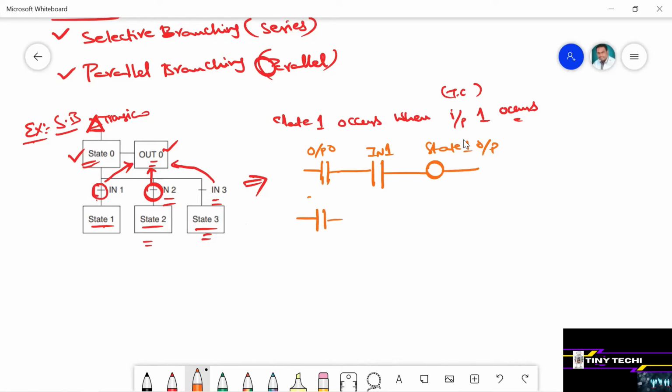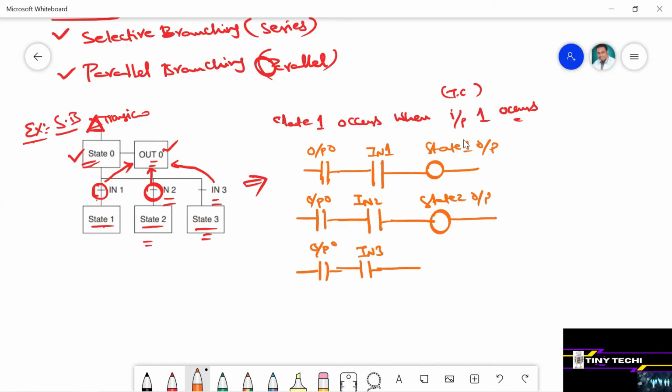When output 0 occurs and input 2, then the state 2 output will be on. Next, when output 0 and the transition condition input 3 occur, the state 3 output will be on. So this is how we can implement the selective branching concept in series connections.